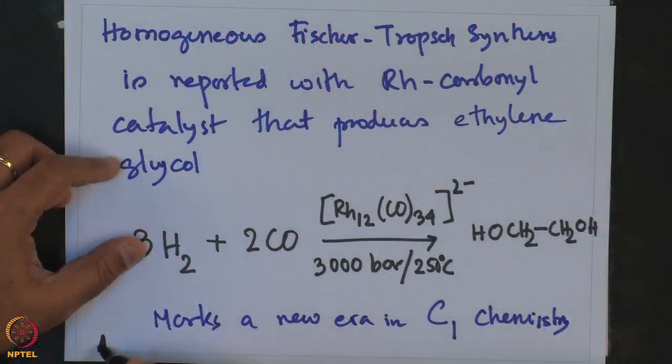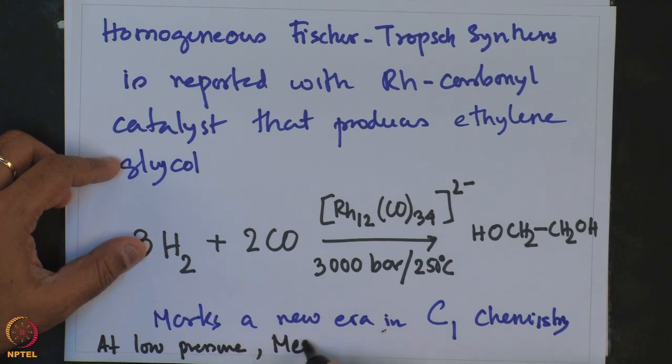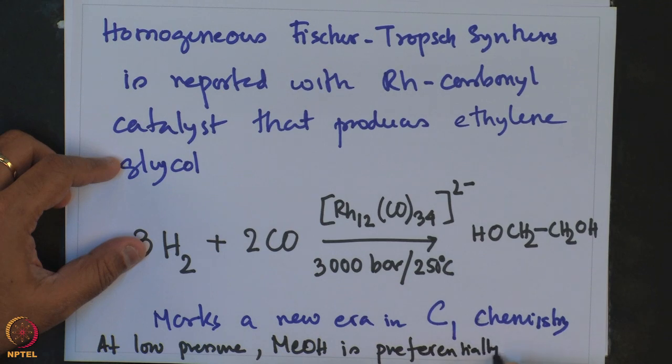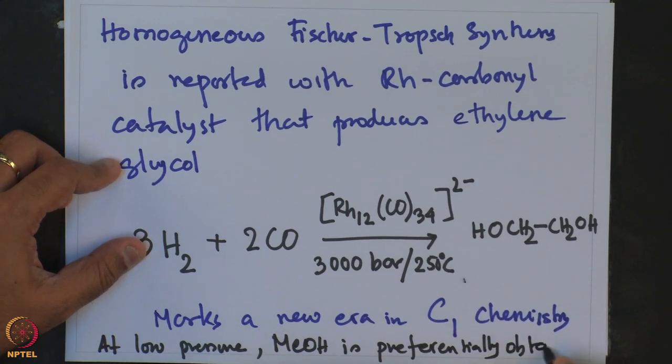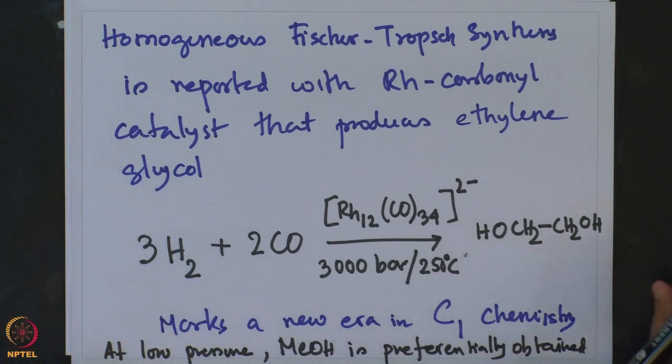So, at low pressure, methanol is preferentially obtained instead of this ethylene glycol.